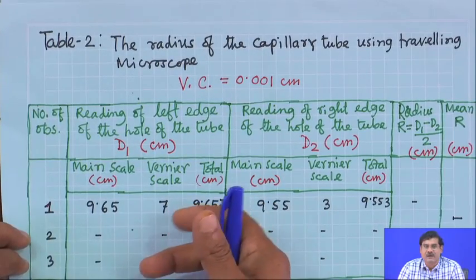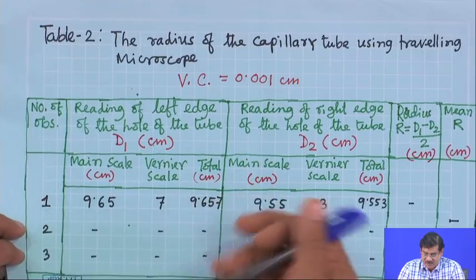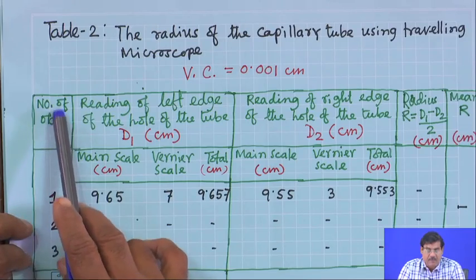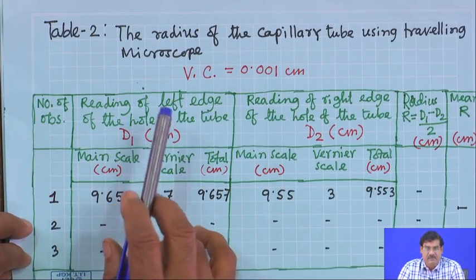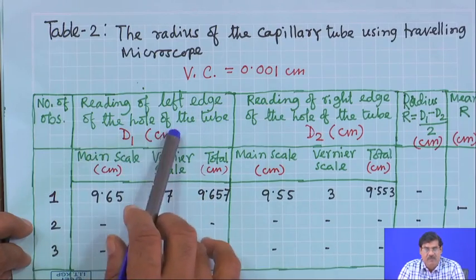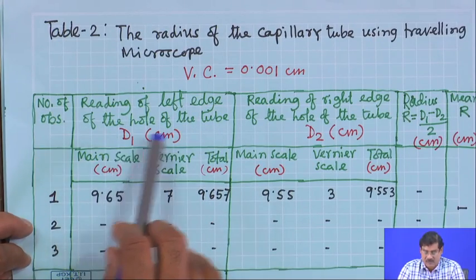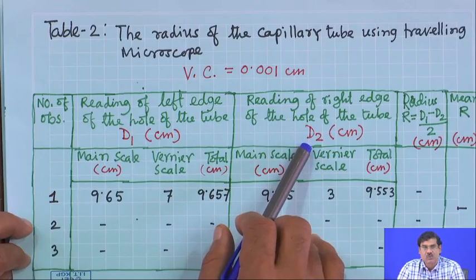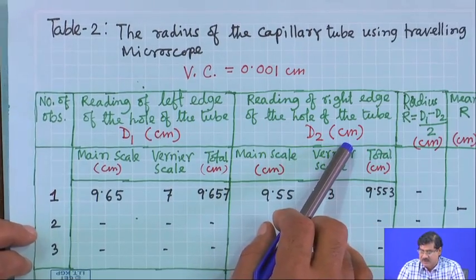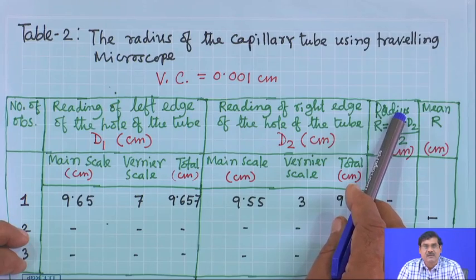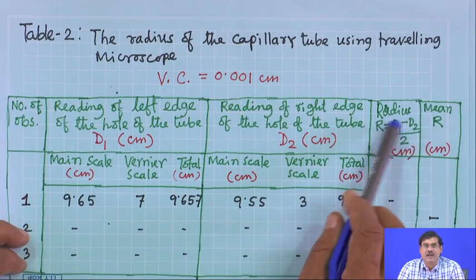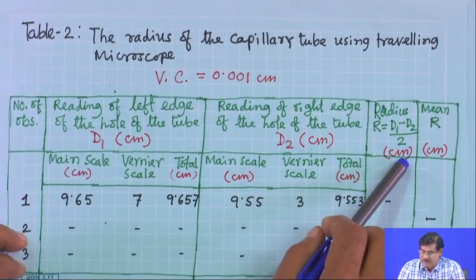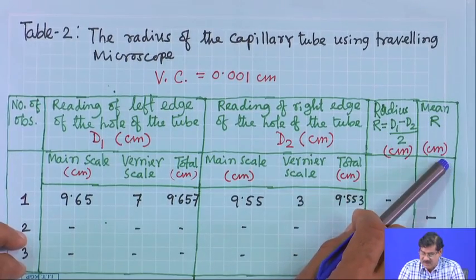Again, the number of observations, then the reading of the left edge of the hole of the tube, that is d 1 in centimeter, the reading of the right edge of the hole of the tube, that is d 2 in centimeter, then the radius. Basically the difference of these two readings, d 1 and d 2, is the diameter, divided by 2, that is the radius in centimeter, and then the mean value of r in centimeter.